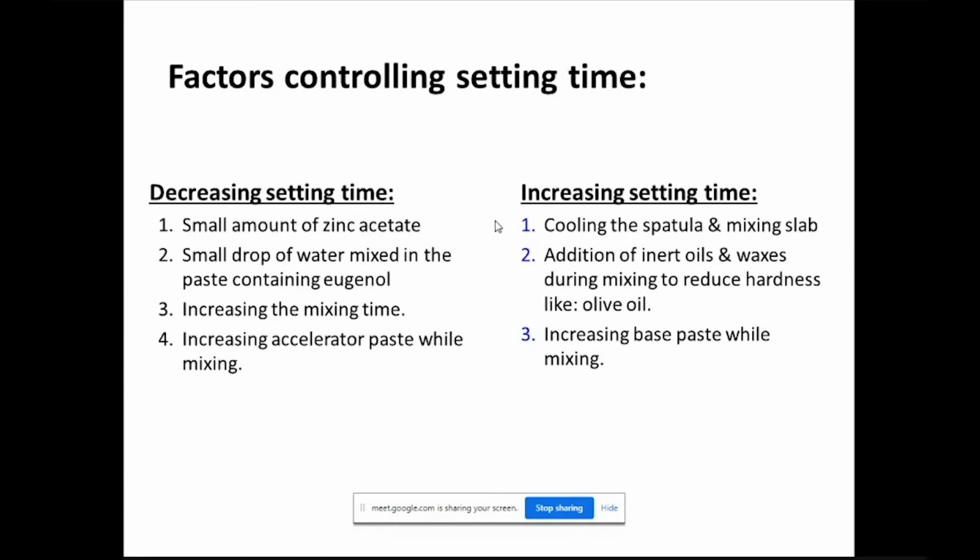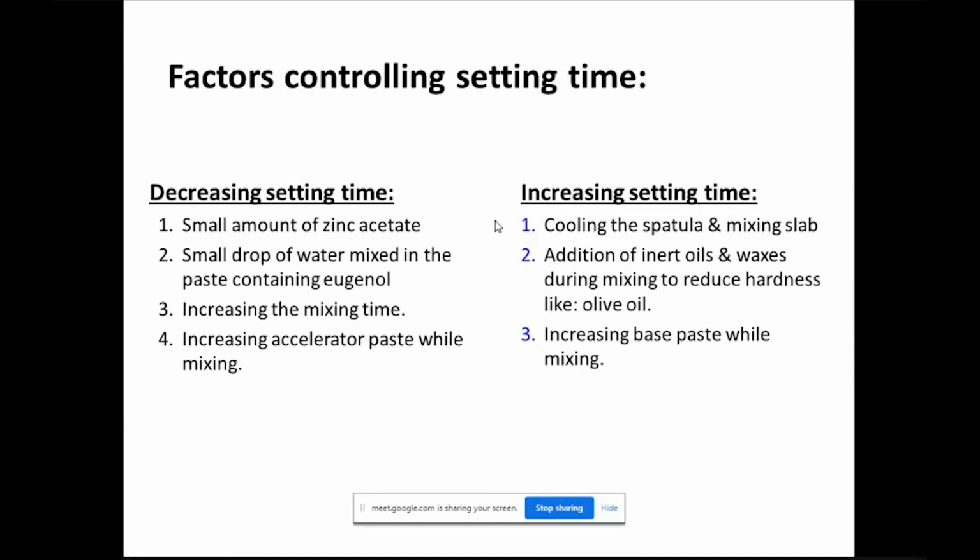We have some factors that increase or decrease the setting time. For decreasing the setting time, how can you control it? Either by adding a small amount of zinc acetate to the material, or a drop of water, or increasing the mixing time, or adding a little bit of accelerator.